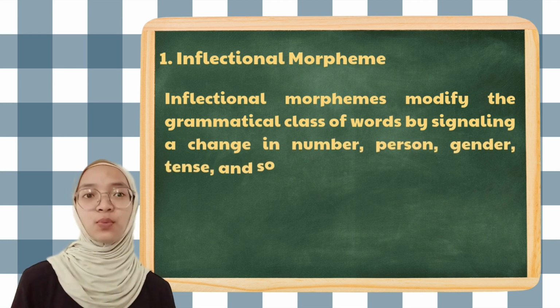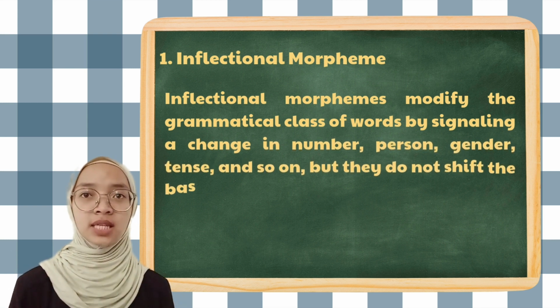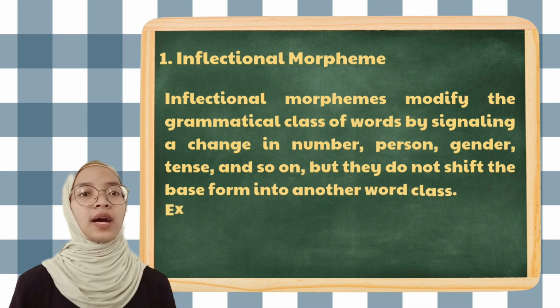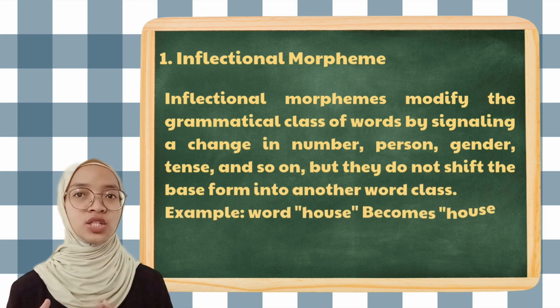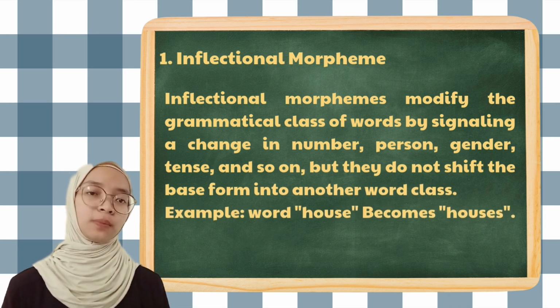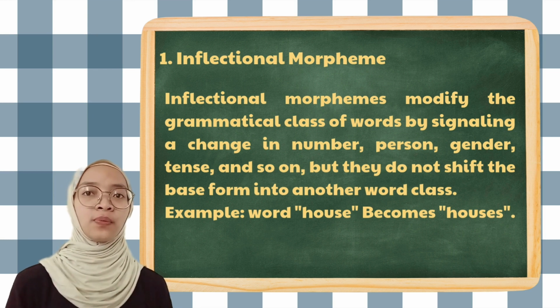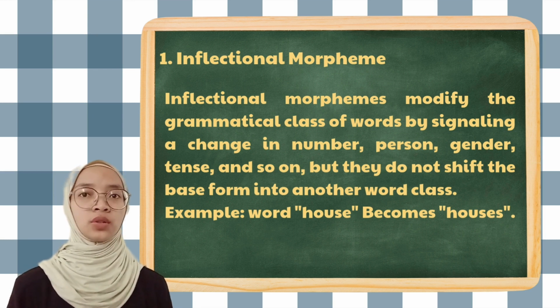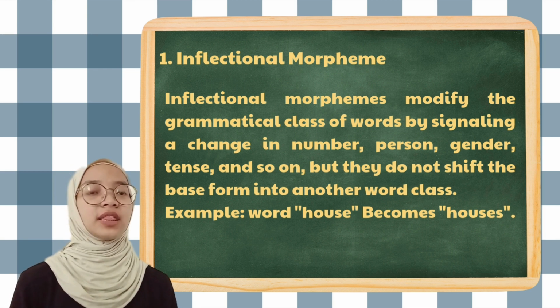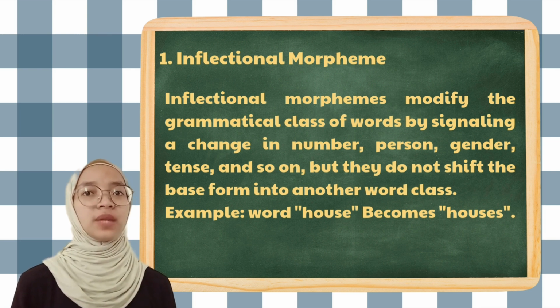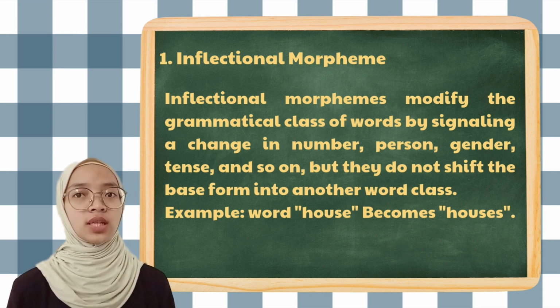Inflectional morphemes modify the grammatical form of a word by signaling a change in number, person, gender, tense, and so on. But they don't shift the base form into another word class.